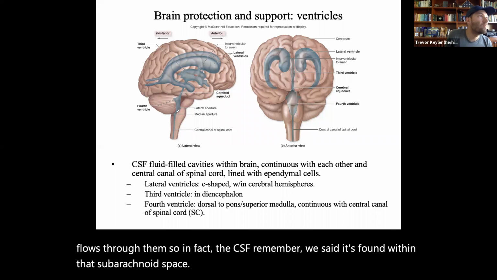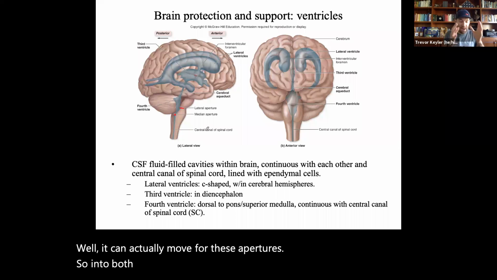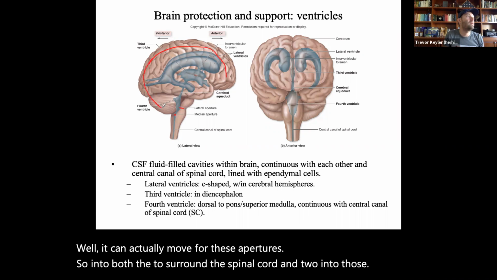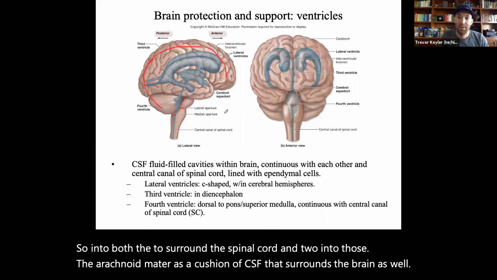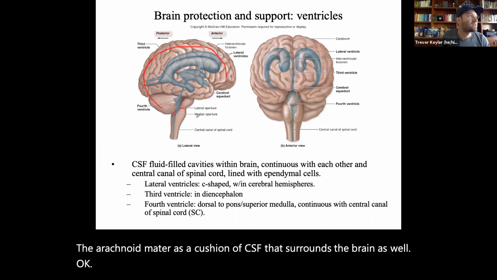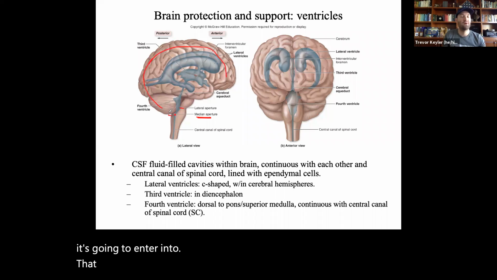Well, it can move through these apertures to surround the spinal cord and the brain as a cushion of CSF. It's this median aperture on the fourth ventricle where it enters into the subarachnoid space of the meninges.